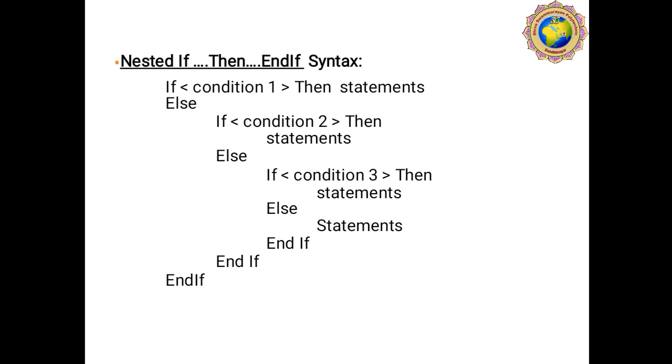Why do we close end if 3 times? Because we have used the if statement 3 times: here is the first if, here is the second if, here is the third if. So end if 3 times. Whenever an if statement is used inside another if statement multiple times, it is known as a nested if.